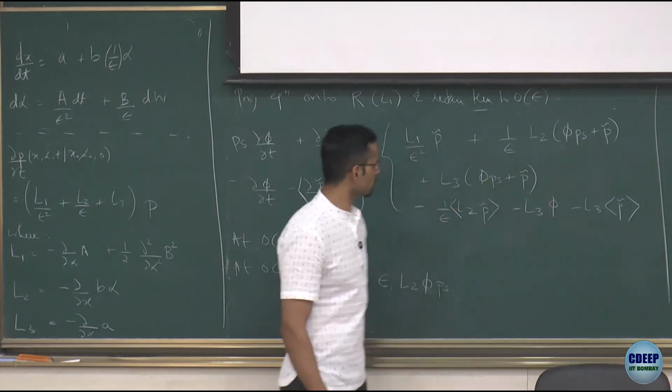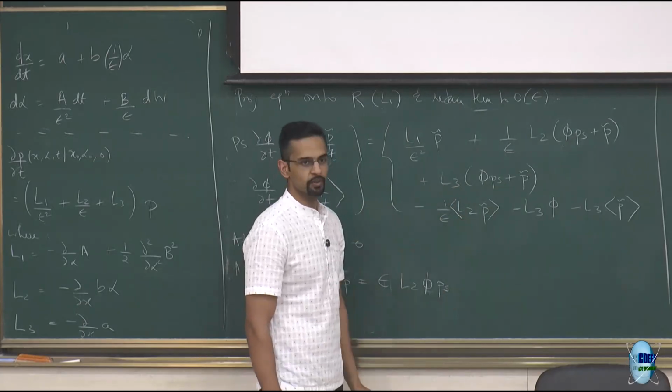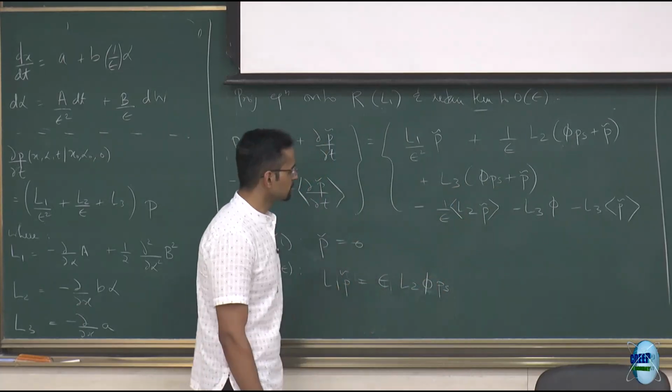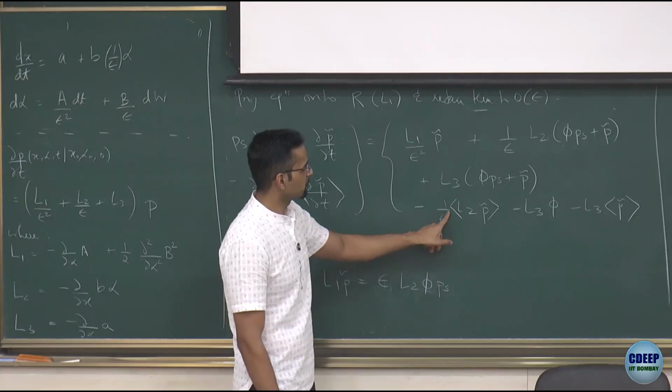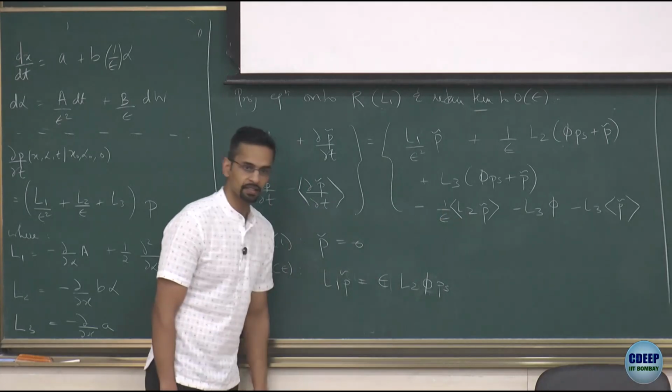This P tilde will drop out, and all of this will become epsilon square at least. They'll all drop out. This guy will be epsilon here, but then that is again P tilde. Fine. So that's all I have.